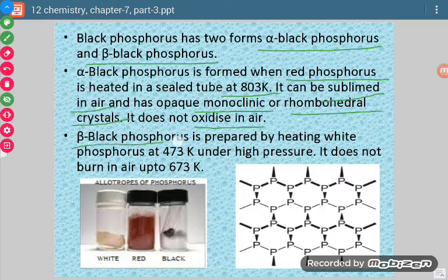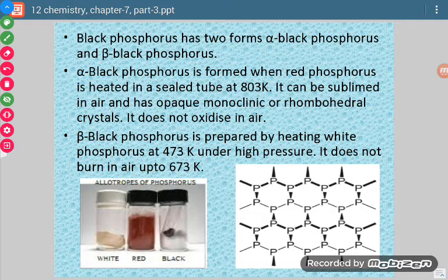Beta black phosphorus is prepared by heating white phosphorus at 473 Kelvin under high pressure, and it will not burn up to 673 Kelvin. Means if we burn it so that its oxide is formed, till 673 Kelvin it will remain as it is; thereafter it will burn.